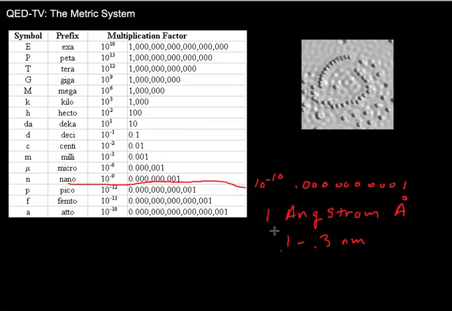So a lot of times we have the terms of the atoms in terms of nanometers, but I guess it'd be 1/10 to 3/10 of a nanometer is an angstrom.